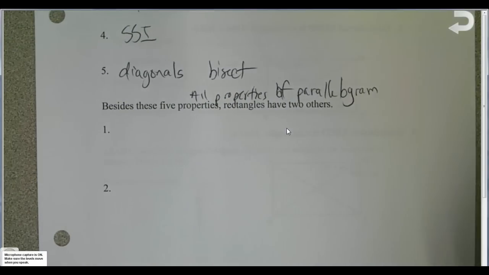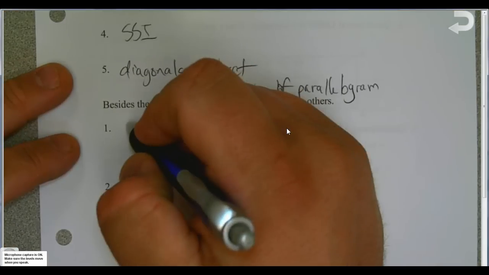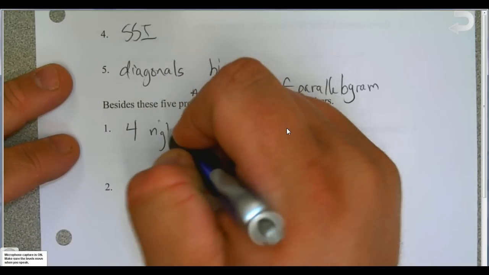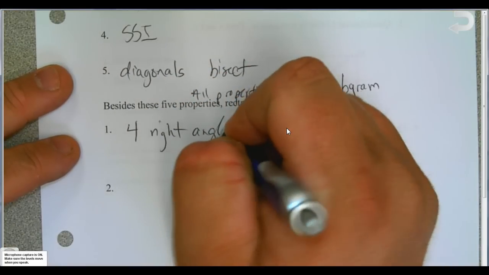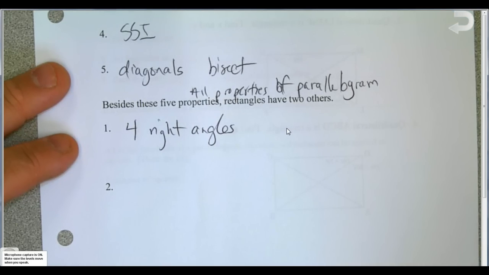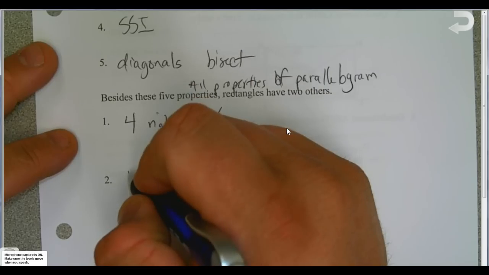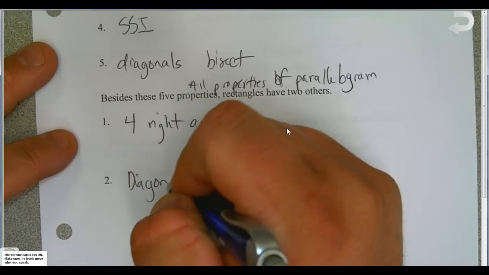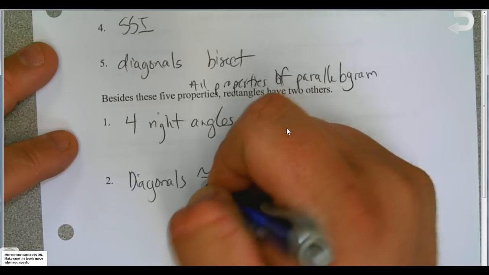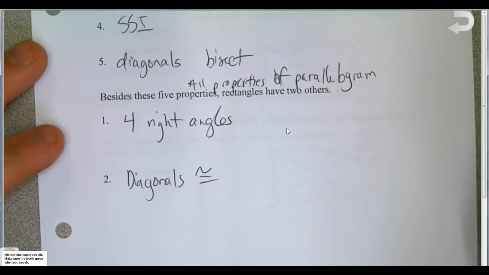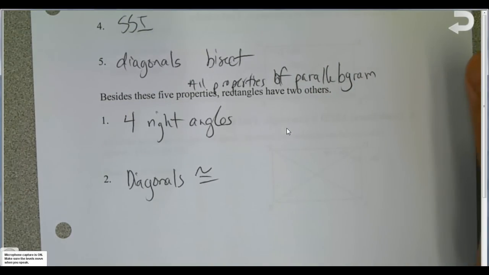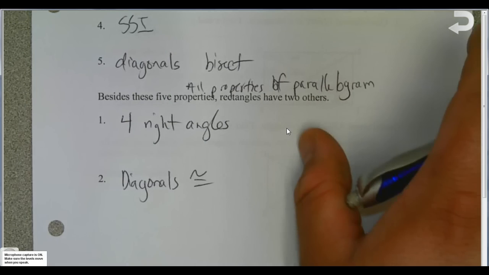So a rectangle technically has 3 properties: all properties of a parallelogram, and then it has 4 right angles. And besides that, not only do the diagonals bisect in a rectangle, but the diagonals are congruent. And so that's what we're going to focus on when we talk about rectangles.